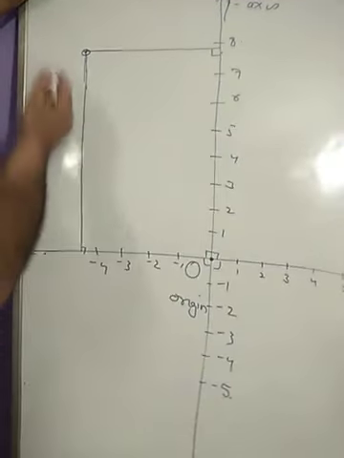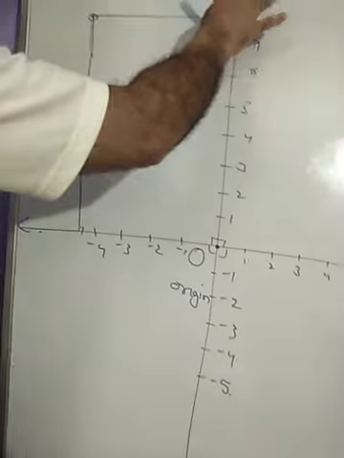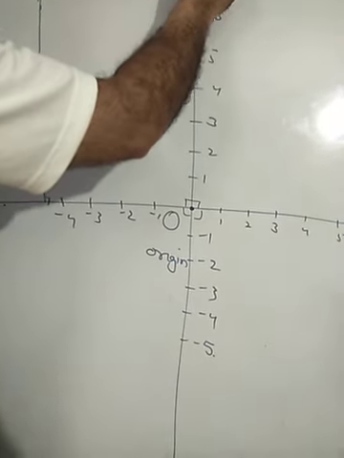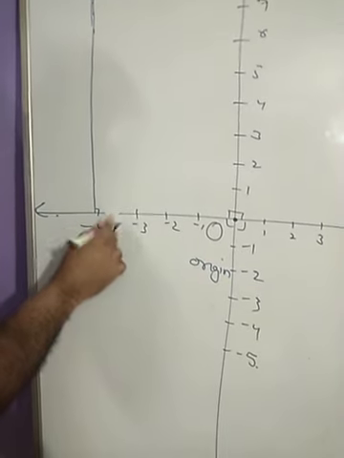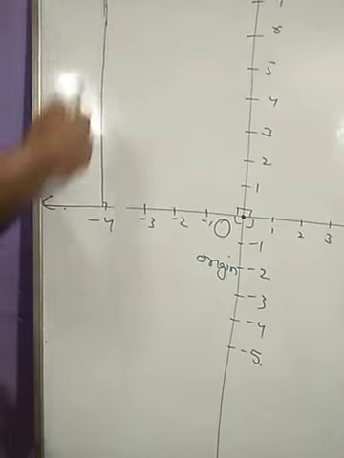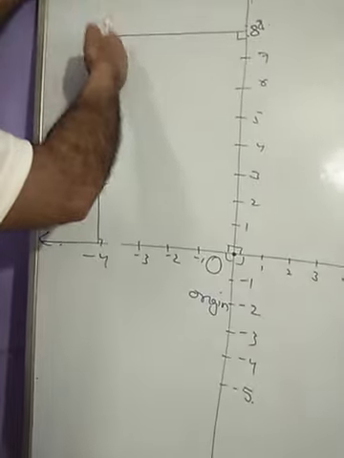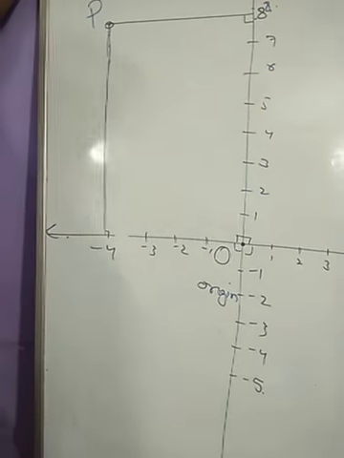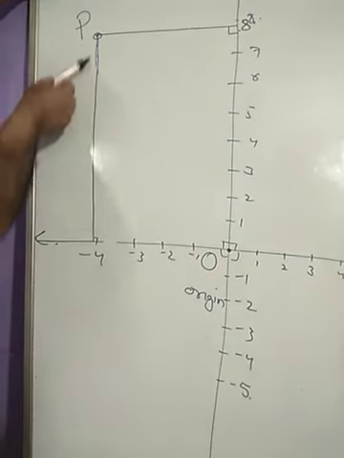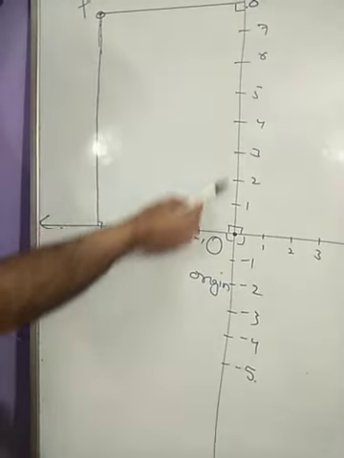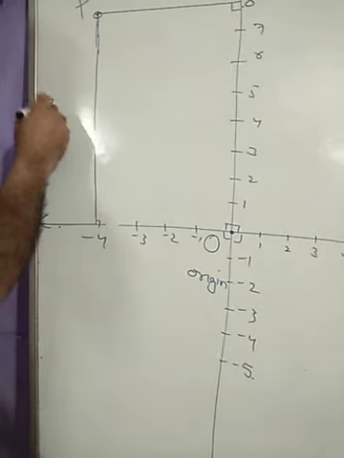Suppose this point, I named this point P. What is the distance of this point from the x-axis? This is the distance. How much is it? In this scale, it is 8 units.